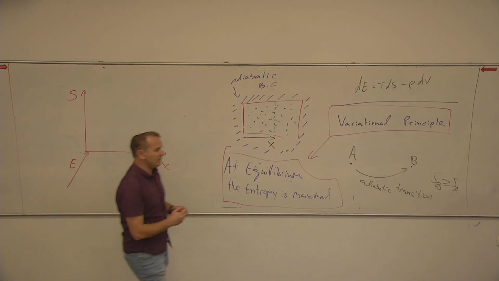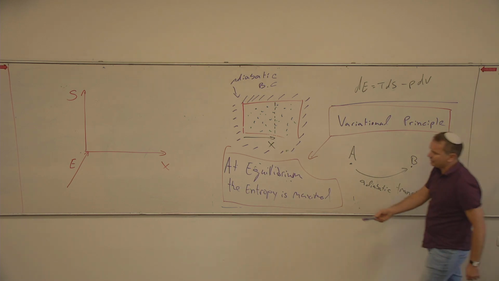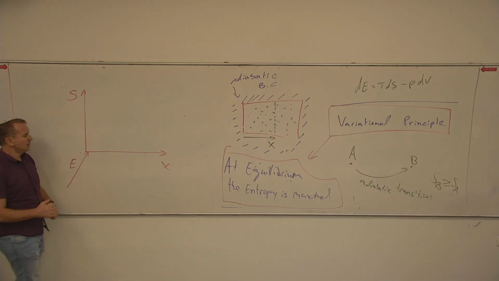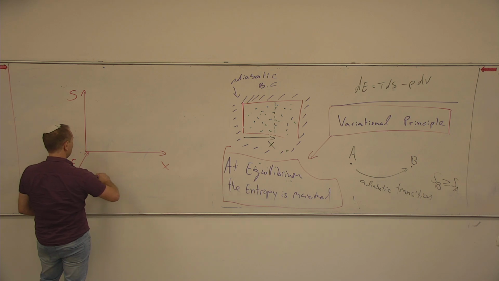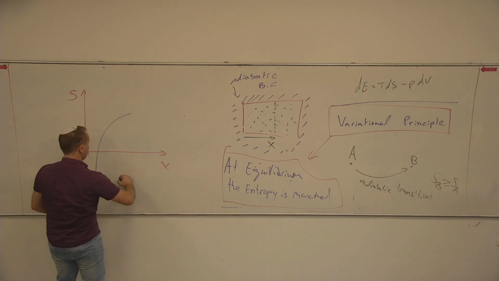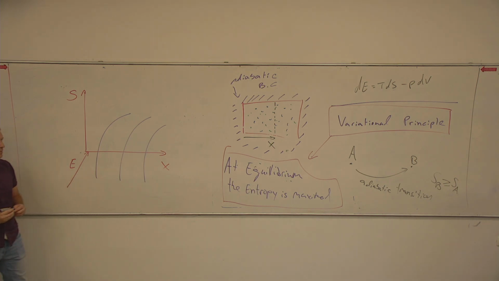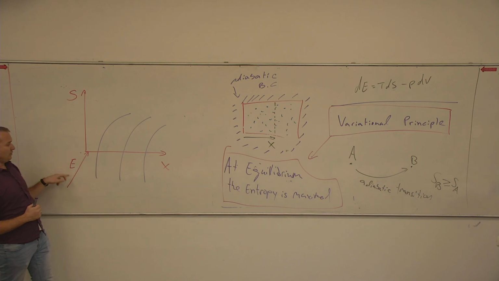So what do I know? First, it doesn't matter what the value of this X is, the entropy is a growing function of energy. So it looks something like that. So we have a three-dimensional manifold, and for any X, S is growing as a function of E.